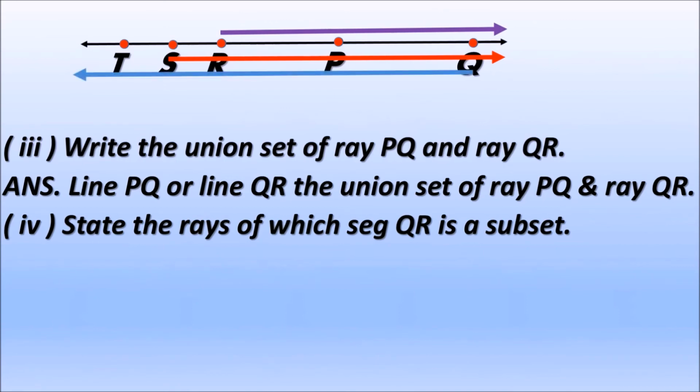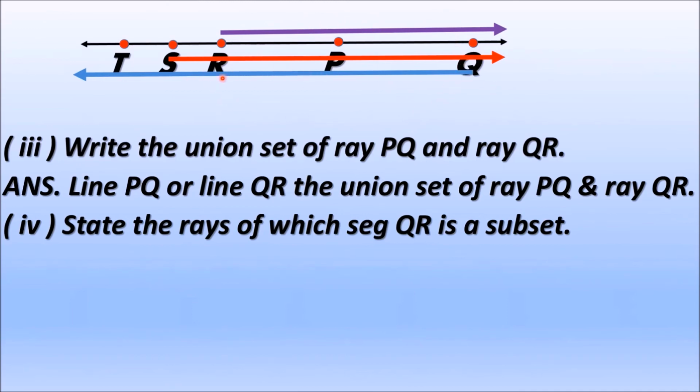Then we have ray QT or ray QP or ray QR or ray QS, and you can see that seg QR is part of this ray also.